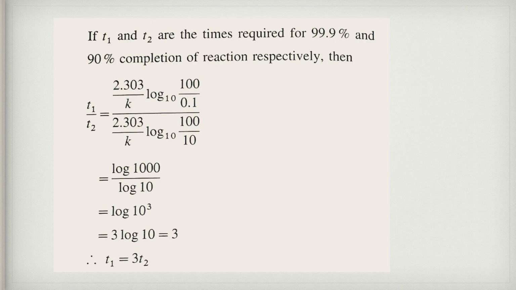Okay, so if T1 and T2 are the times required for 99.9% and 90% completion of reaction respectively, then I can say that T1 upon T2, in terms of T1 I am going to write down 2.303 upon K log to the base 10, over here initial is 100 upon final concentration is equal to 0.1, and for T2 it is 2.303 upon K log to the base 10, 100 upon 10.